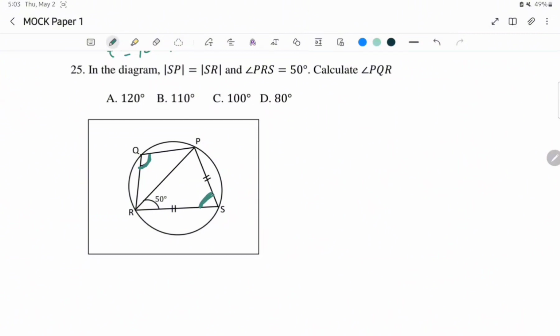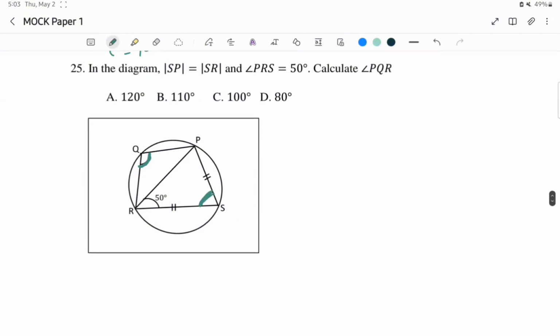And I can find angle S with the angle provided for me in the triangle. So since we know that angle SPR is equal to angle PRS, this angle here is equal to the angle here because they are base angles of an isosceles triangle.